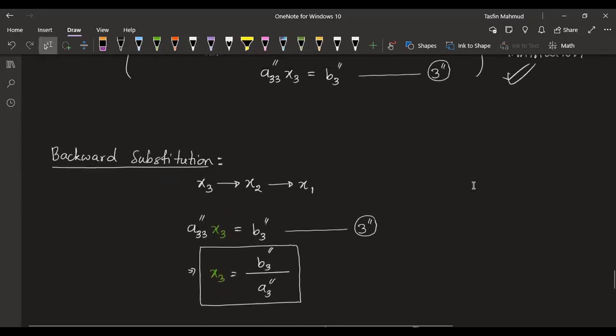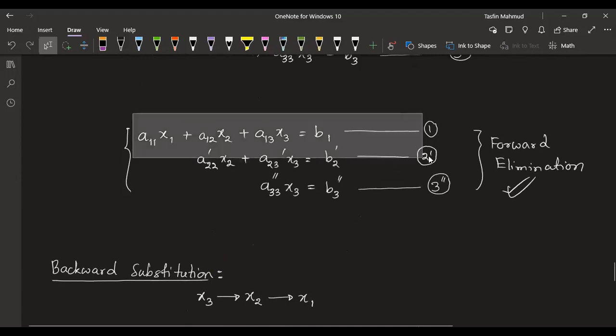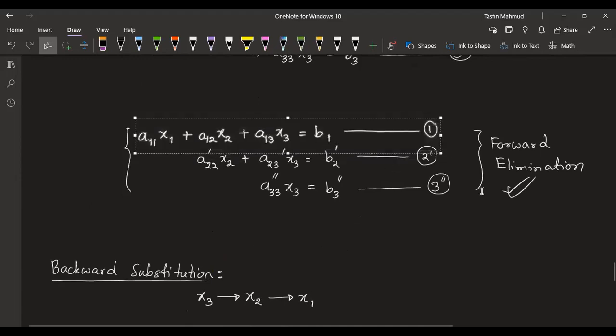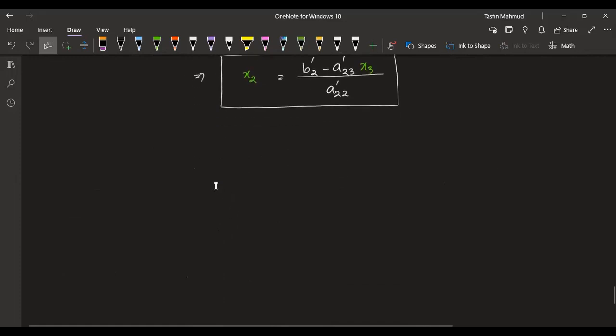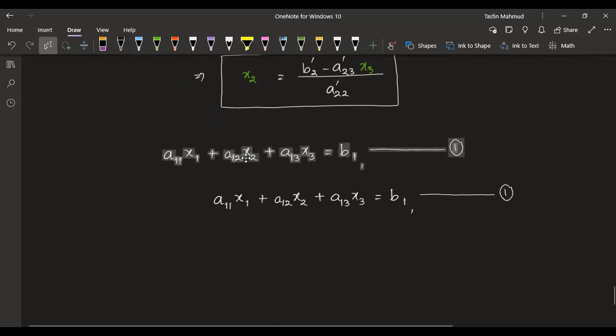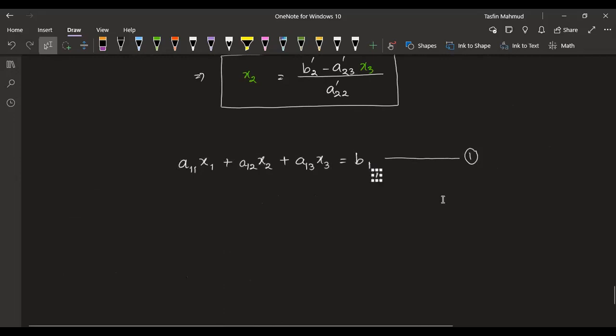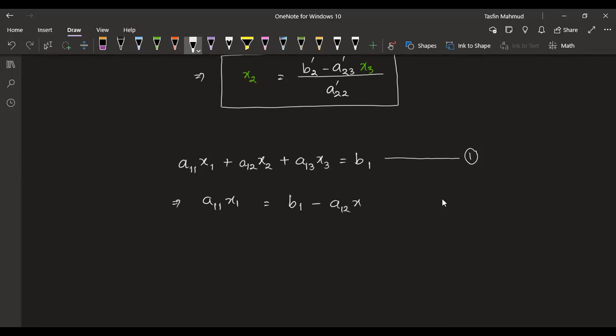Now if you want to find the value of x1, we are going to take equation number 1. If I just write one more line, we can write a11 x1 would be equal to b1 minus a12 x2 minus a13 x3. So from here we can find the value of x1 by just dividing this portion by a11.